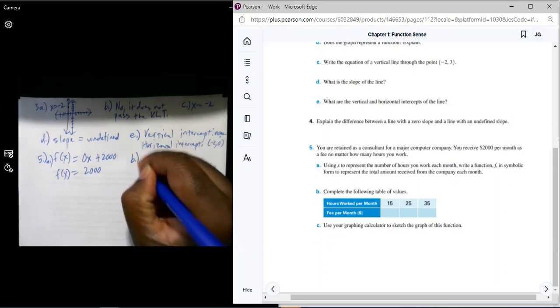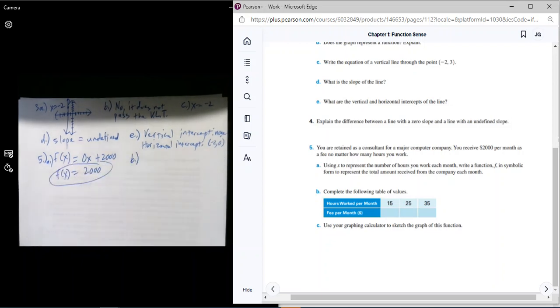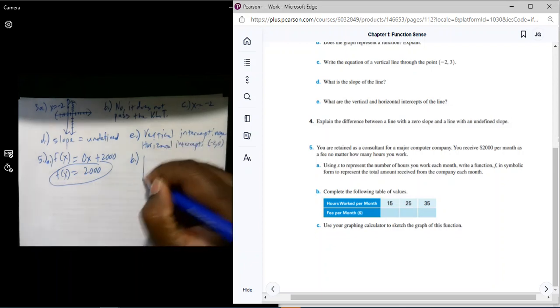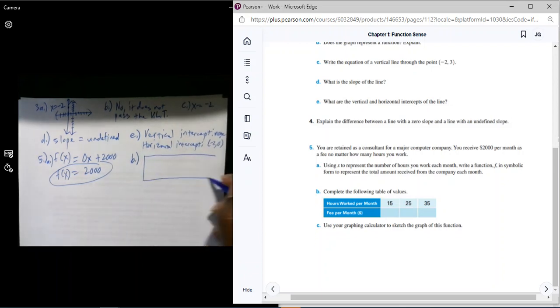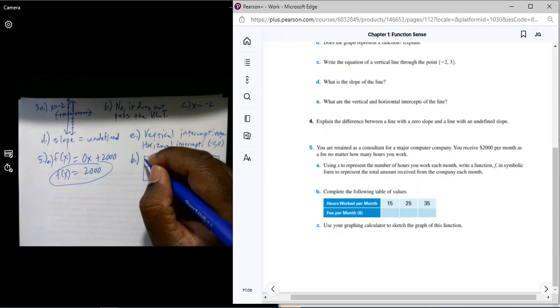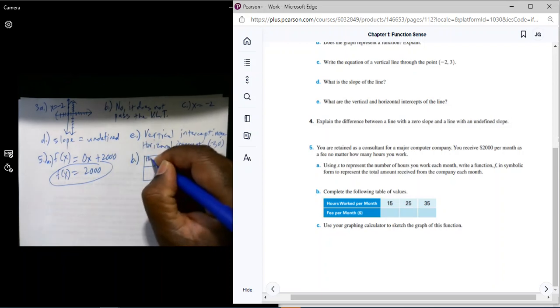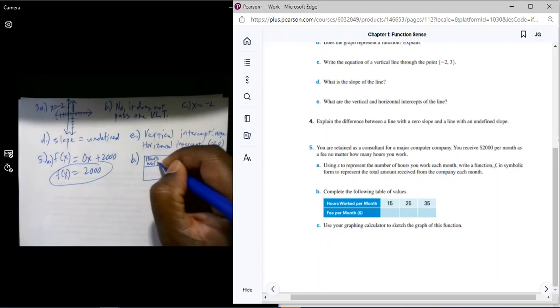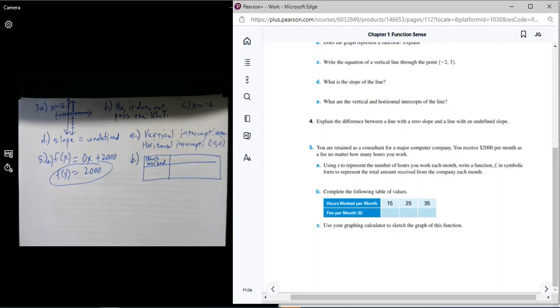Now we go here to B. And just to let you know, that's the answer for A. We go to B. It says complete the following table of values. We have 15, 25, and 35. Now, I'm going to attempt to draw a quick little box here. And I'm just going to put hours worked, because you all can see on the screen what it has per month.